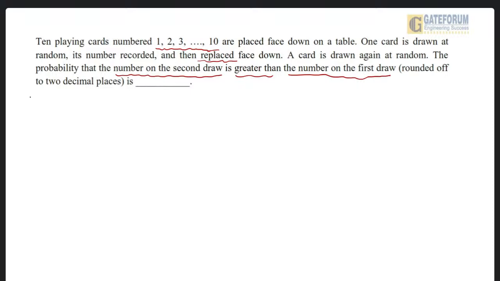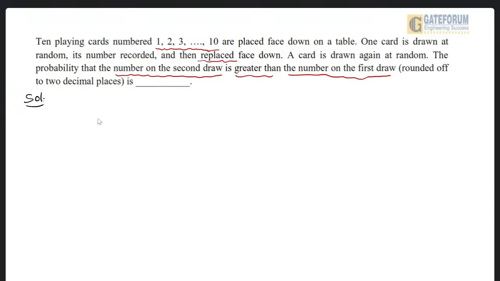Solution. So finally, how many cards are drawn? First card, after replacing, of the 10 cards, after replacing it, we are having again 10 cards. Another card, the second card, is drawn.